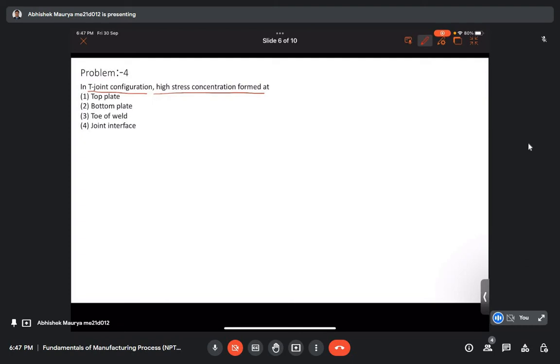Suppose I take an example. Let's say we have a component which looks like this, and we are applying some load over here, F and F. If the component geometry is like this, then throughout the cross section, everywhere, we will get the same stress value.